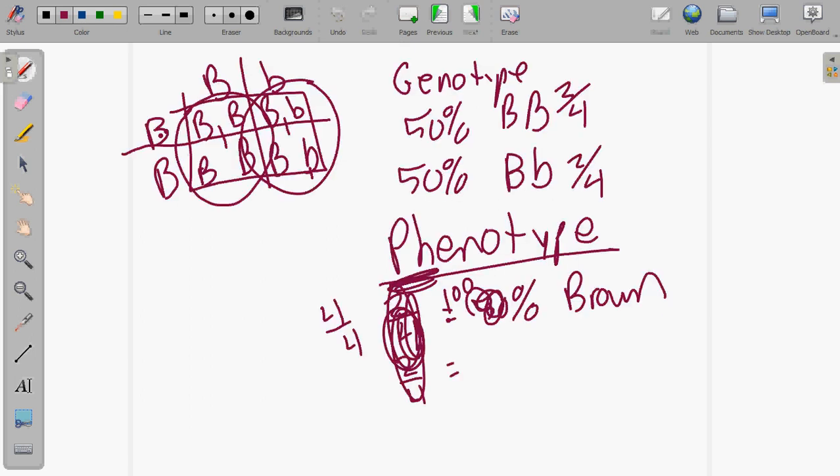And then we can talk about the genotype ratio. You have a 2 to 2 ratio, or you might even say a 1 to 1 ratio. Well, let me rewrite that.